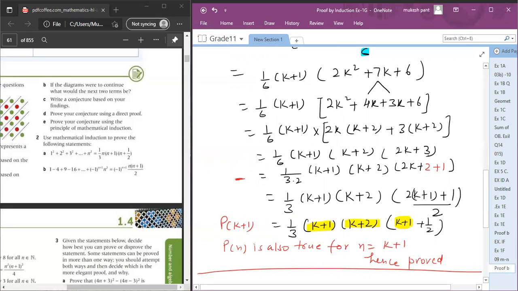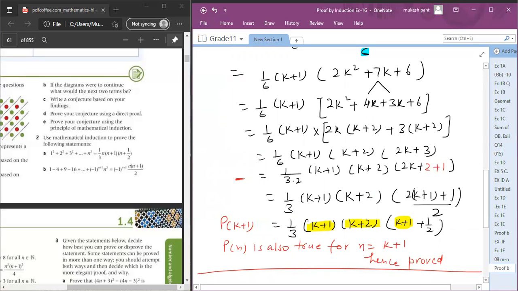Now this 1 over 3, k plus 1 here, k plus 2 here, this times 2 I'm writing at the last. The meaning is the same. It is still 3 times 2, but now I'm writing this in the denominator of the last term. And here 2k plus 2, I'm taking 2 common. When I take 2 common, it is k plus 1 and plus 1 here.